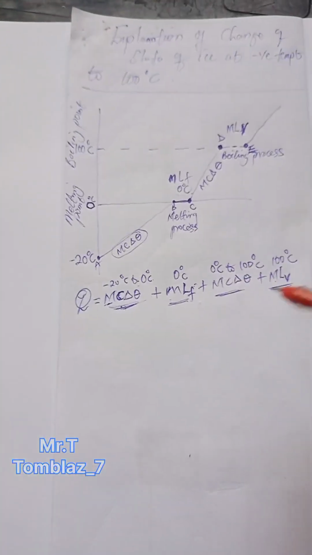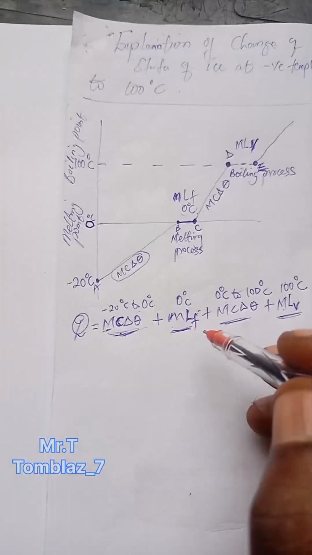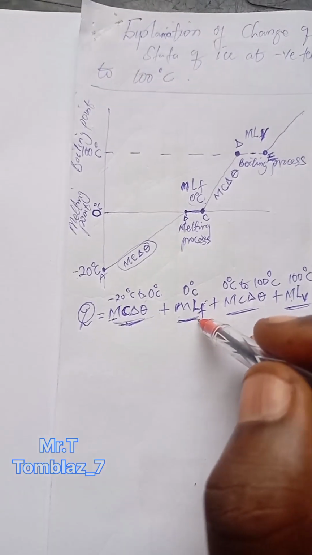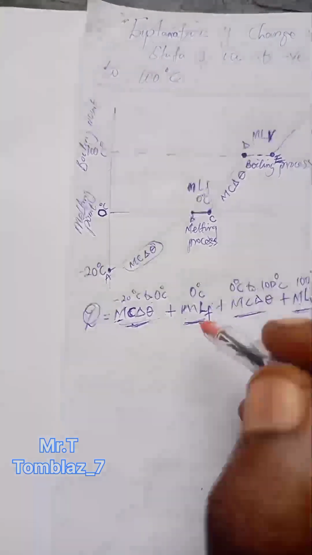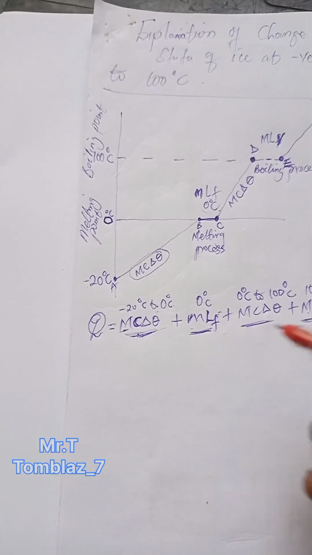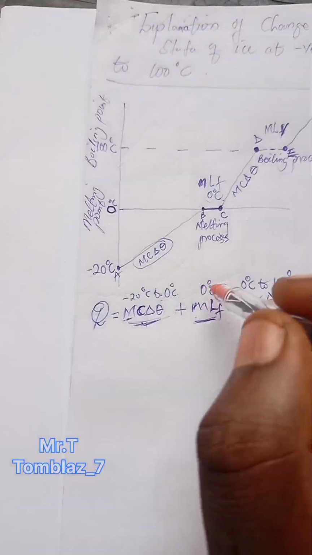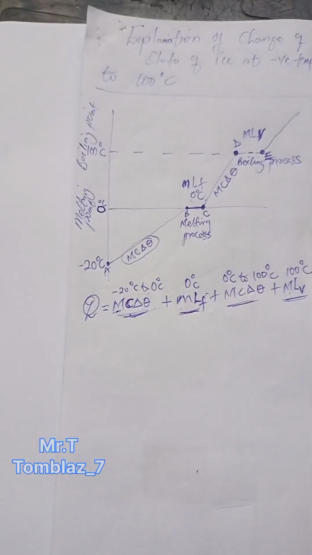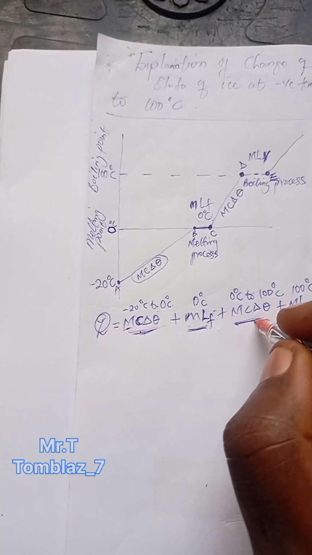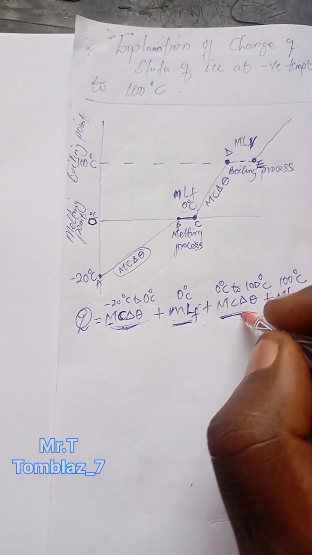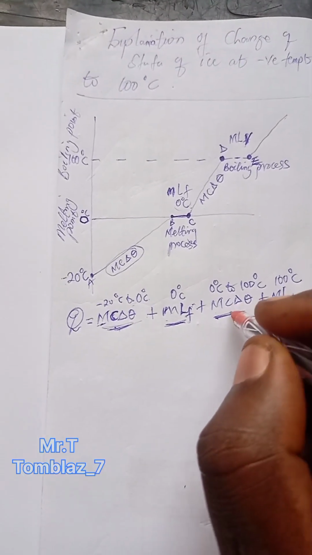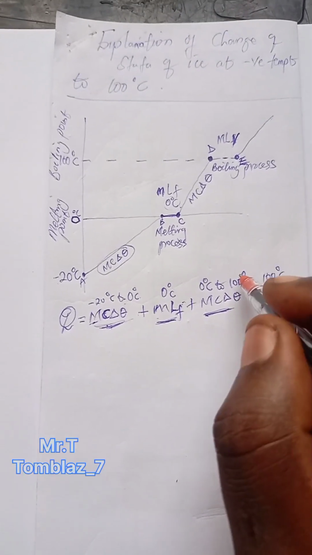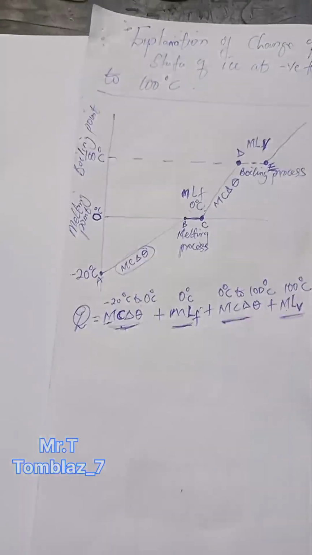Now, this is the heat change when the ice changes from solid ice to liquid water at the same temperature of 0 degrees centigrade. That is melting. So the melting process takes place there. This is the heat change when the water changes from 0 degrees centigrade to its boiling point at 100 degrees centigrade or the reverse.